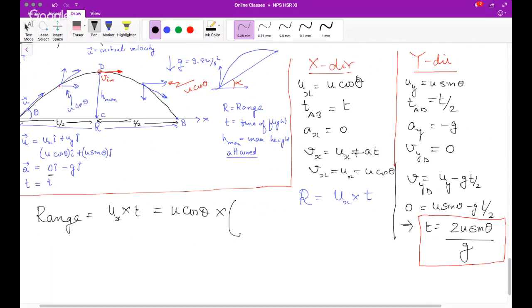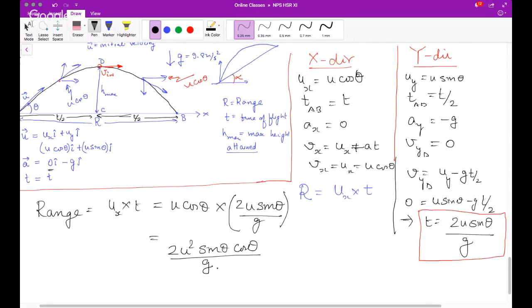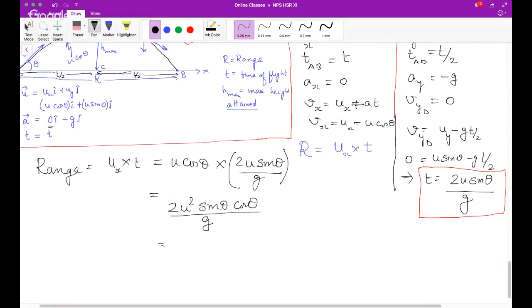And T was from this equation 2u sine theta by g. Simplifying, what do I get? 2u square sine theta cos theta upon g. Simplifying further, you can write this as u square into 2 sine theta cos theta upon g.